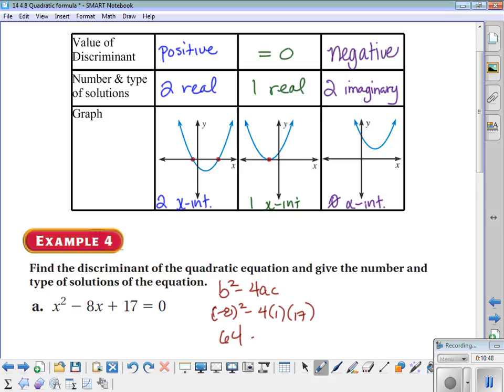So I get 64 minus 68. What's that going to equal? Negative 4. So what kind of solutions am I going to have? Are they going to be real? No, they're going to be imaginary. And how many of them do I have? 2. 2 imaginary solutions.